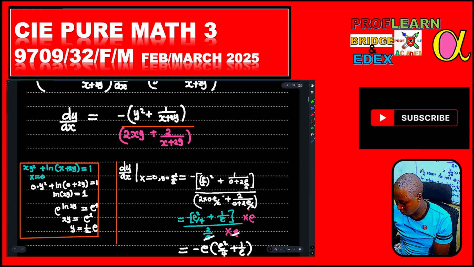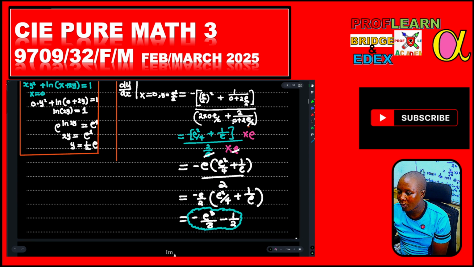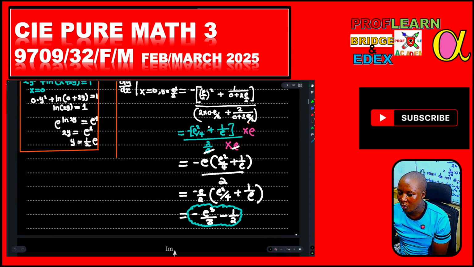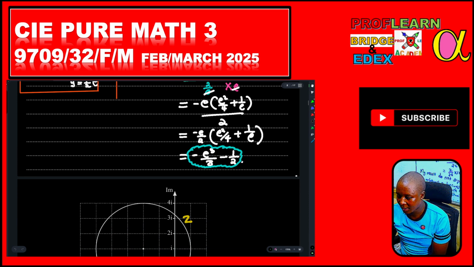If you substitute and work it out faithfully, following all the steps without mixing anything, you are going to get your answer equivalent to negative e over 2 into bracket e squared over 4 plus 1 over a. Then you can open the bracket and you're going to get your answer like that.